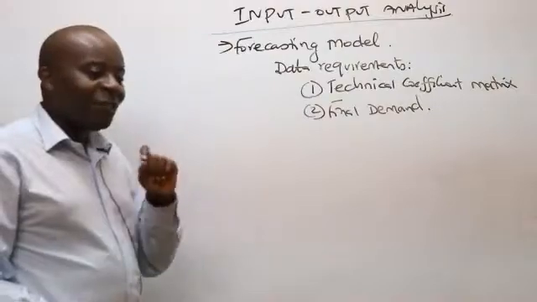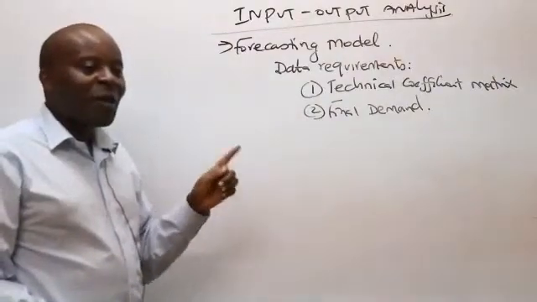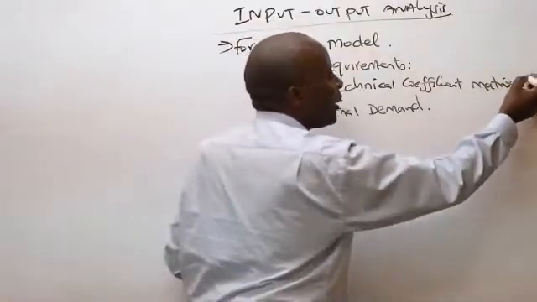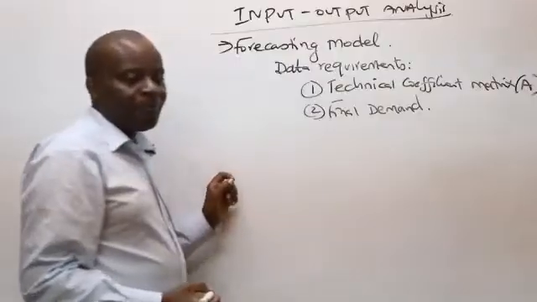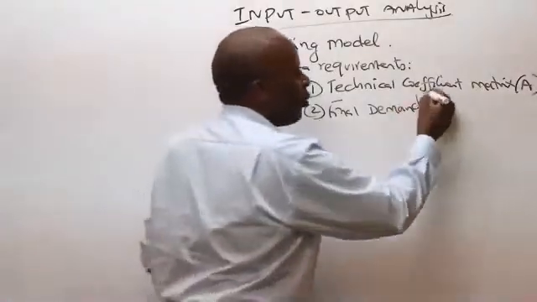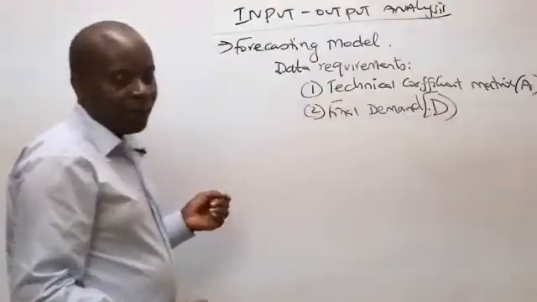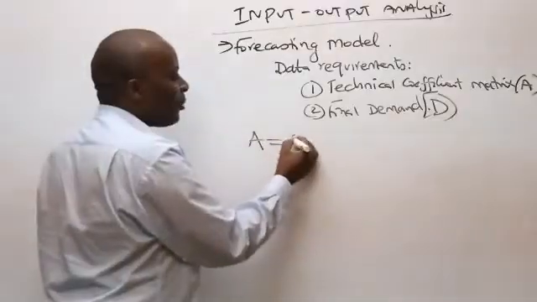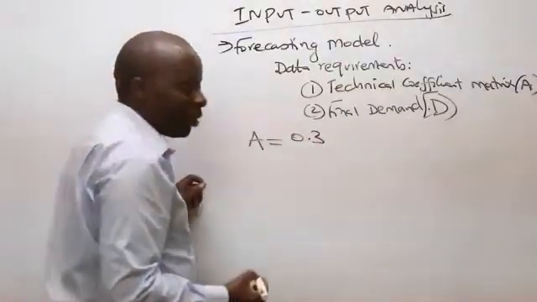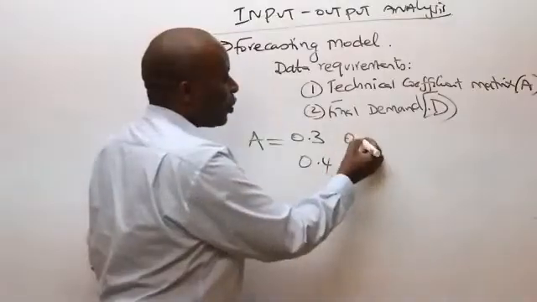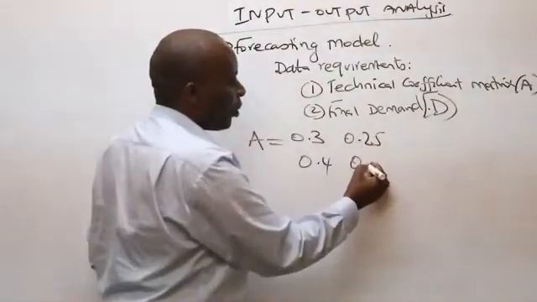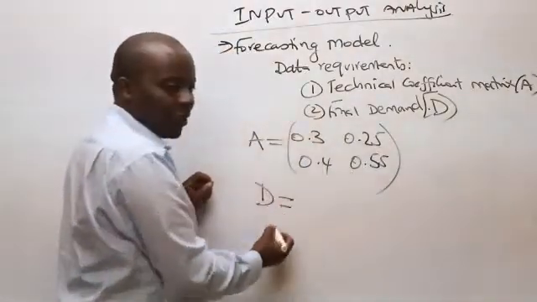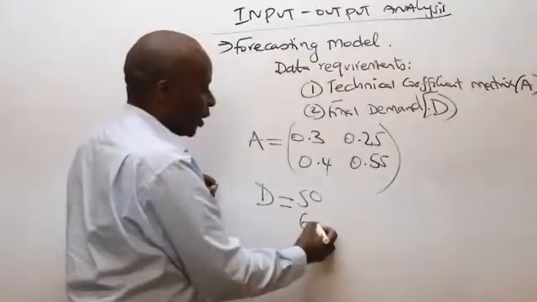Even before I define these things, I want you to know from today that the technical coefficients matrix will always be called matrix A, and the final demand matrix will be called matrix D. So let's look at a situation where A is given to us as 0.3, 0.4, 0.25, 0.55, and the final demand is given as 50, 60.